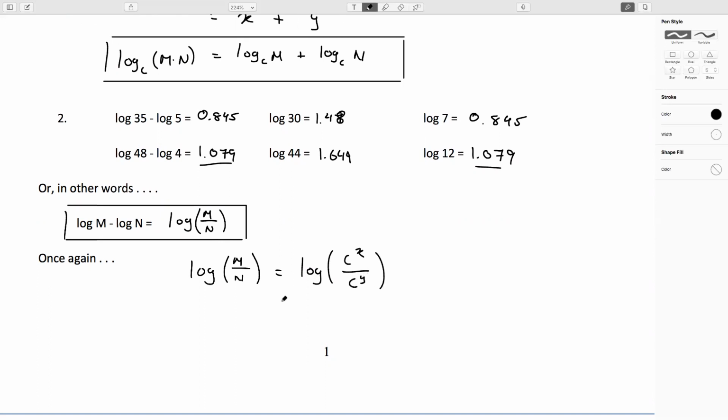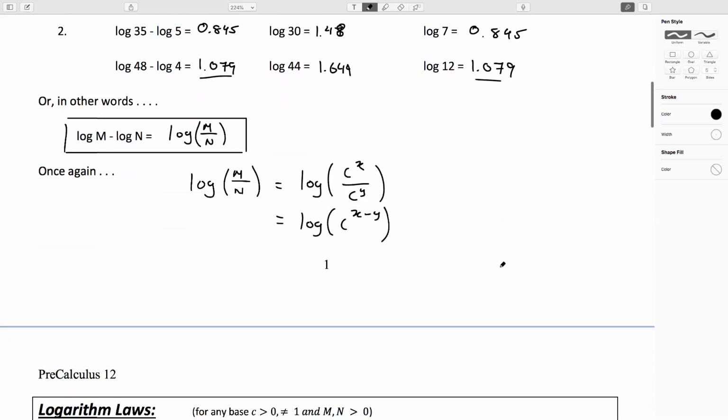And when you divide exponents, you just subtract them. So this becomes log c to the x minus y. Remember, this is a log base c, which means that the c will cancel out. So it will simply become x minus y.